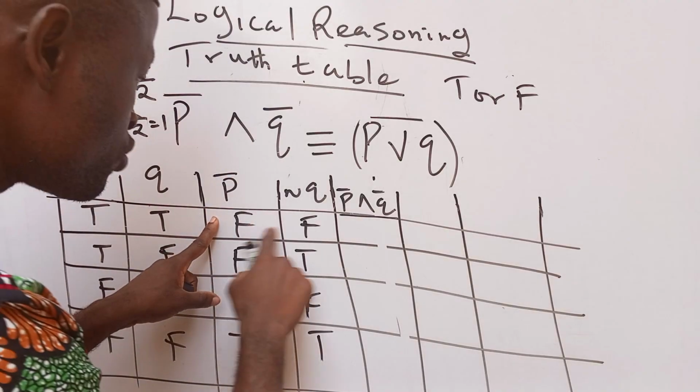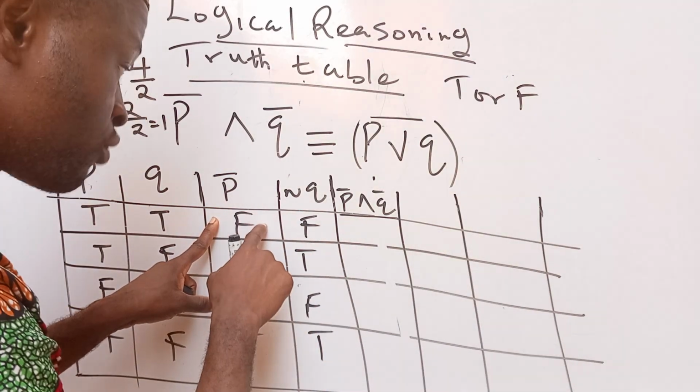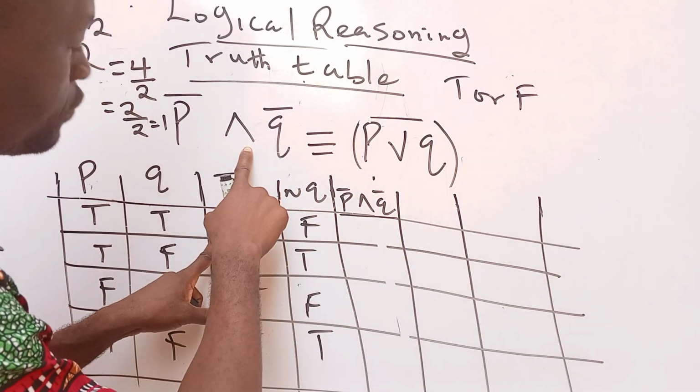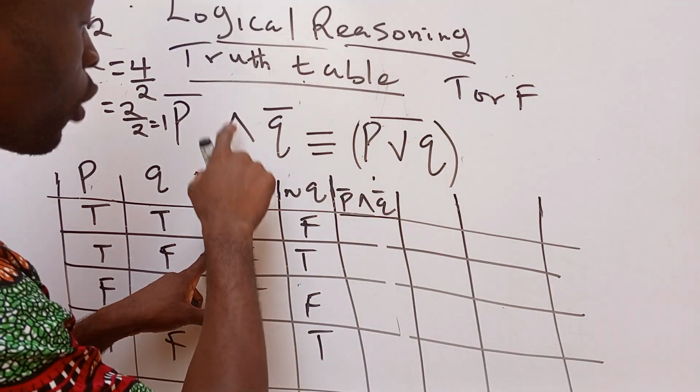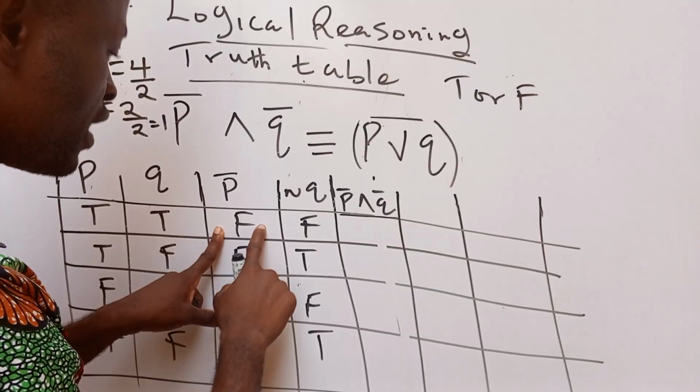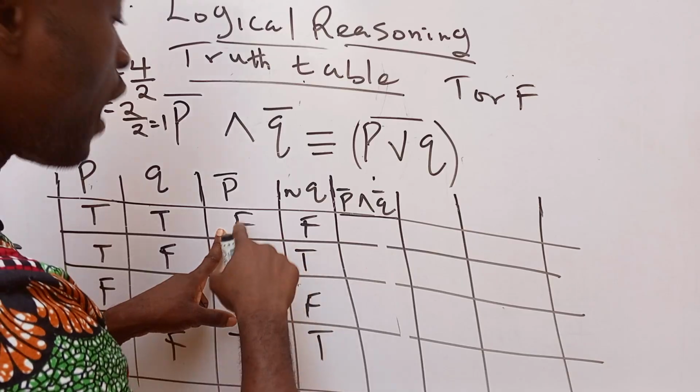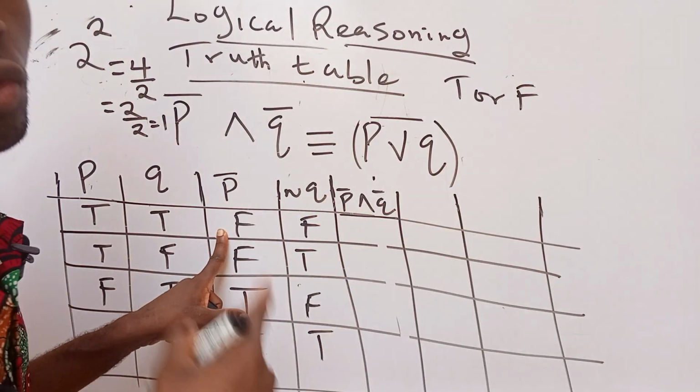Meaning the only time it becomes true is when you have true here and true here. Otherwise, the result will always be false.